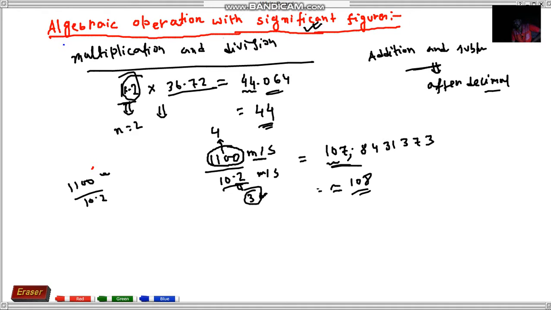For multiplication and division, we look at the least number of significant digits as a whole. But for addition and subtraction, we look only at the number of significant digits after the decimal. So be very careful about this.